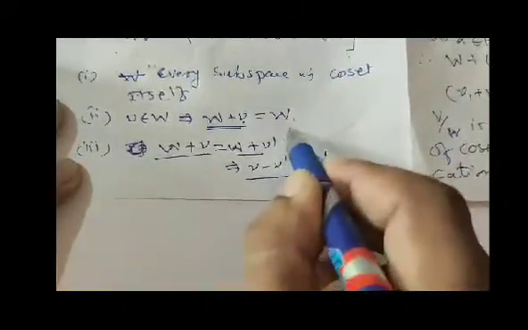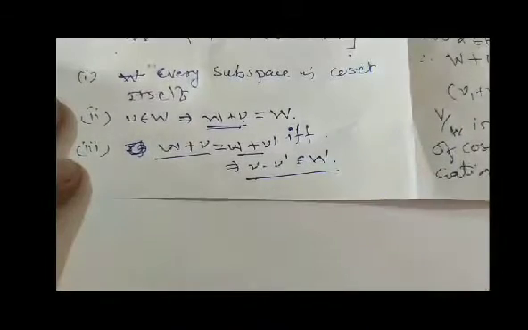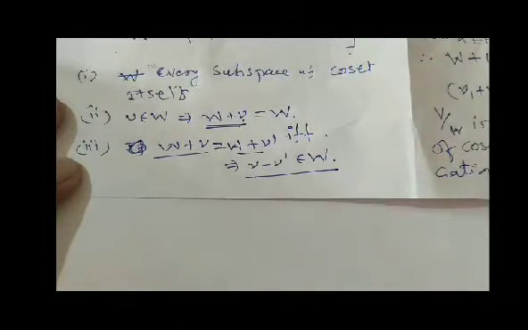Actually this is an if and only if condition: W plus nu is equal to W plus nu dash if and only if nu minus nu dash belongs to W.